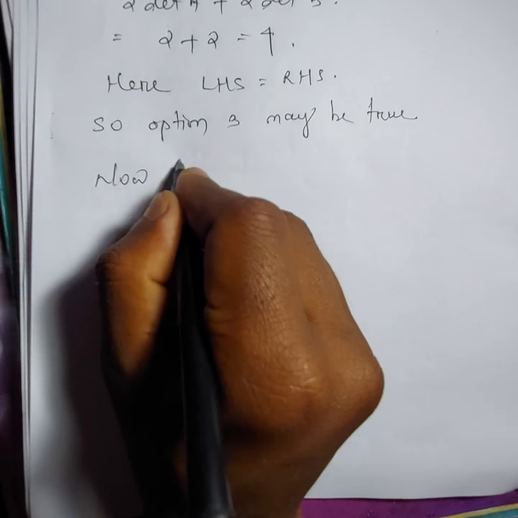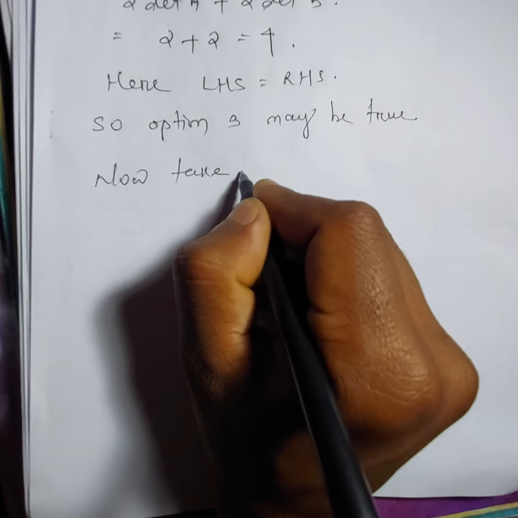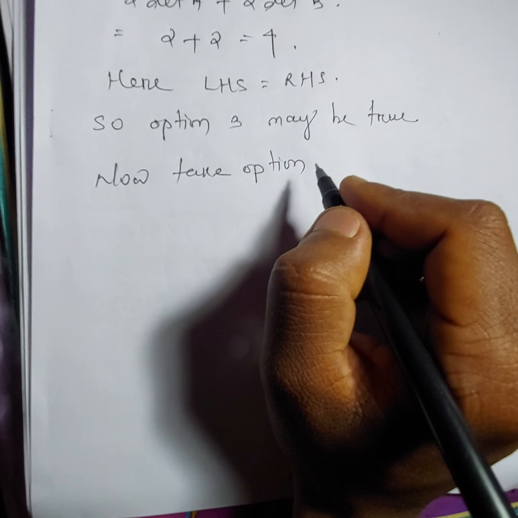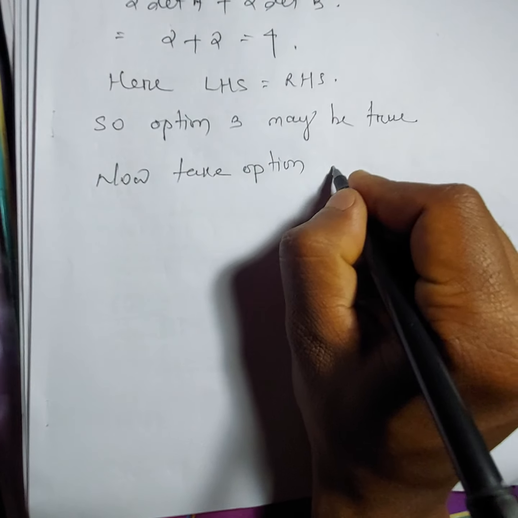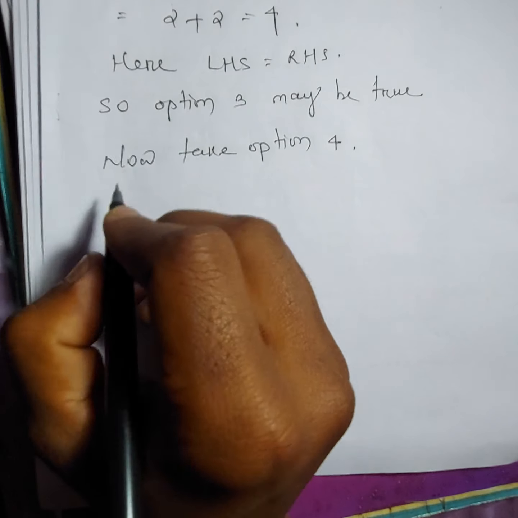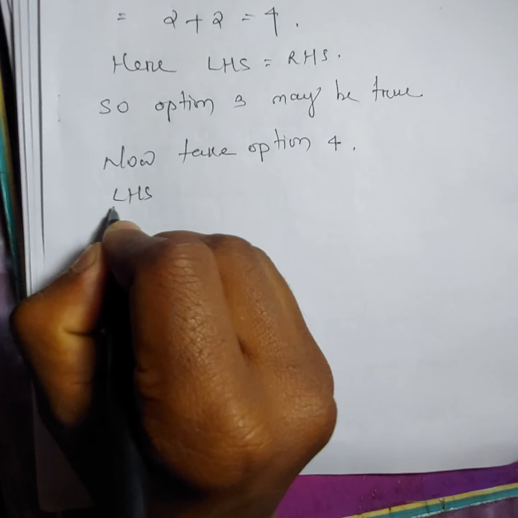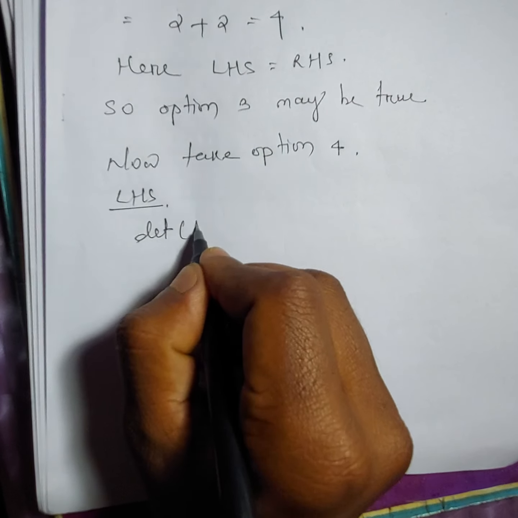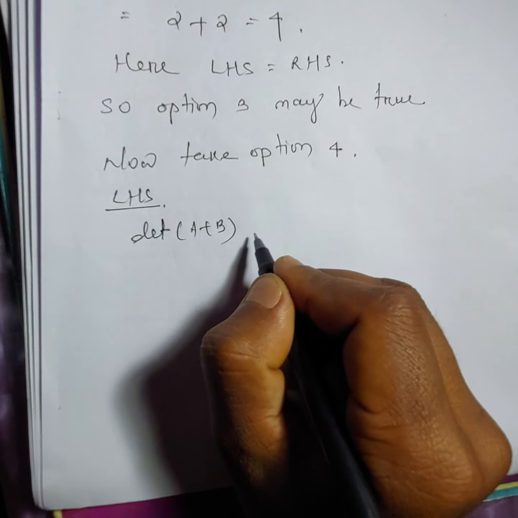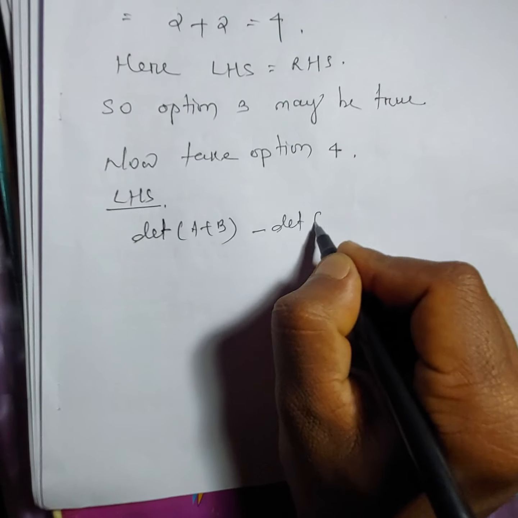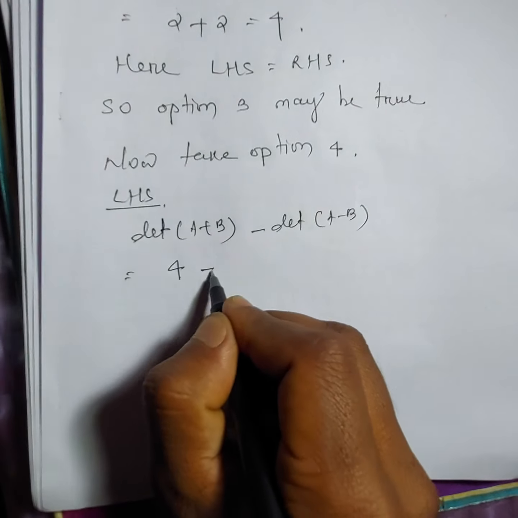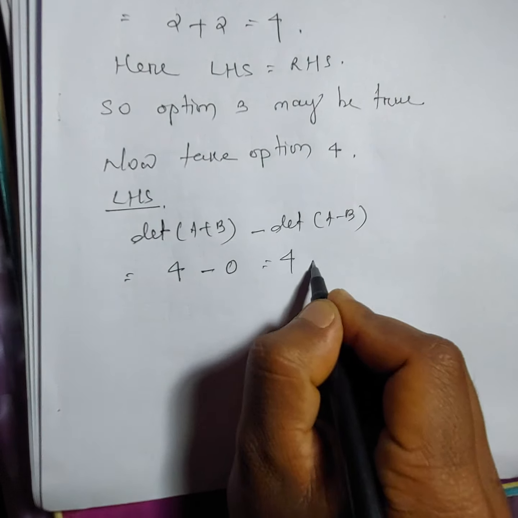Now take option 4. LHS: determinant of A plus B minus determinant of A minus B, which is equal to 4 minus 0 is equal to 4.